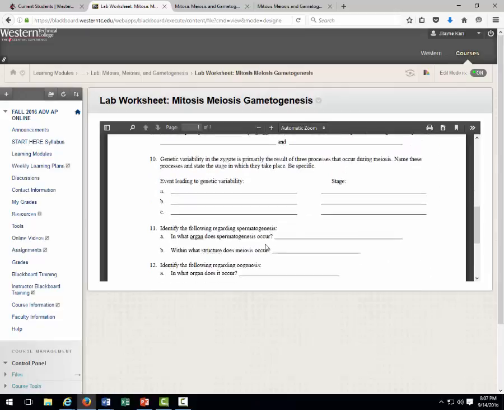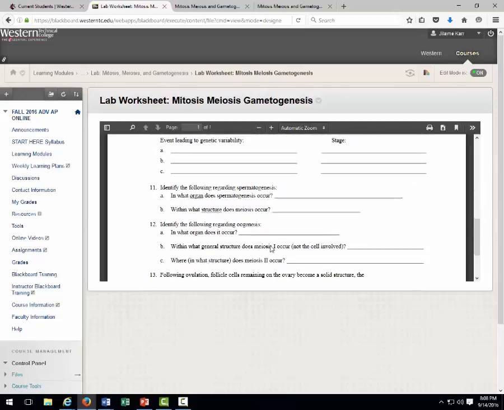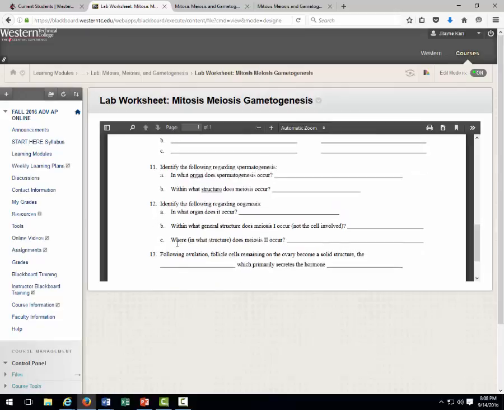Number 10 we did already. Number 11 we did already. Number 12, oogenesis, what organ? The ovaries. And what is the structure where the cell is developing, with all those cells around it? What are all those cells around it collectively called? Follicle. Where, in what structure, does meiosis 2 occur?